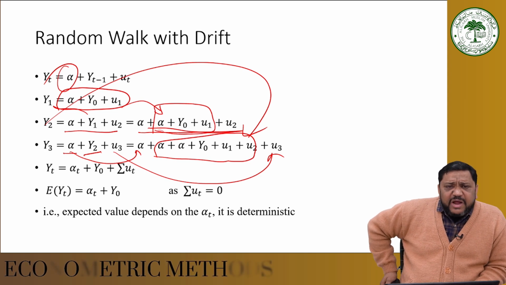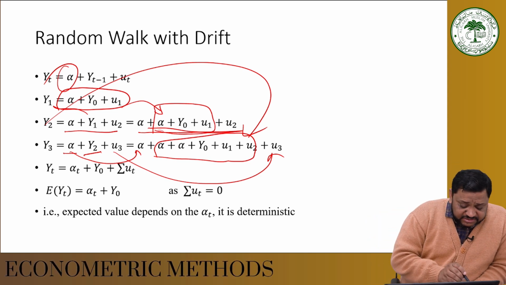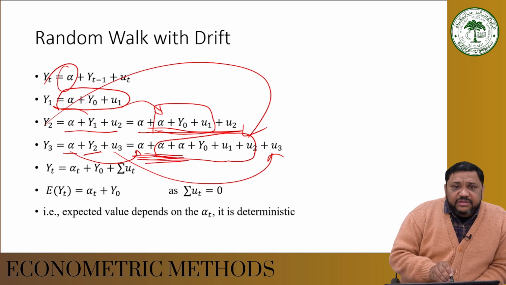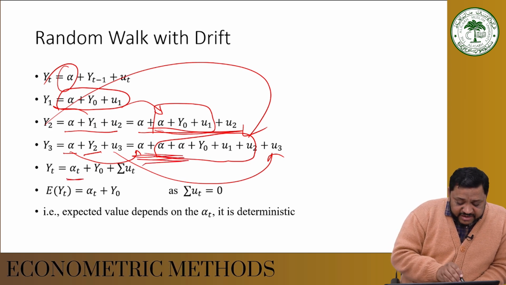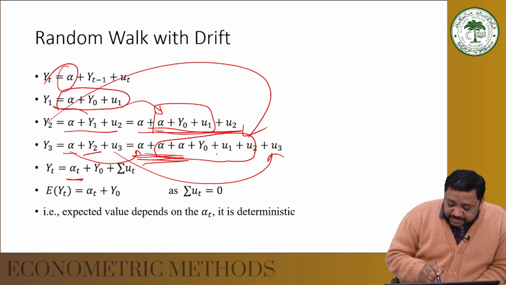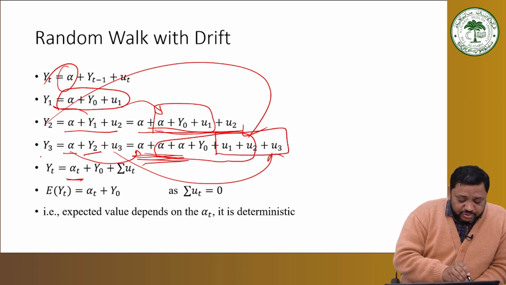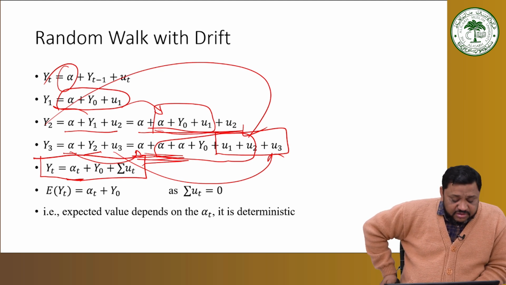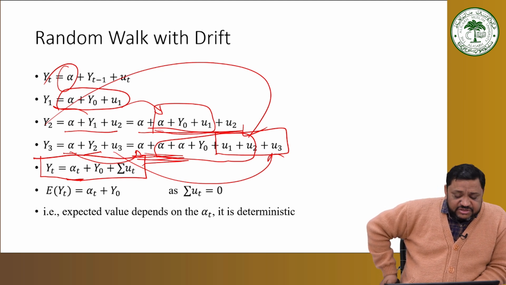So if I want to write it in a general format, I can say yt is equal to alpha times t. There are 3 alphas, so we write here alpha times t plus y0 plus summation of the error term. So this is what we can write as the general form of this series of random walk with a drift parameter.